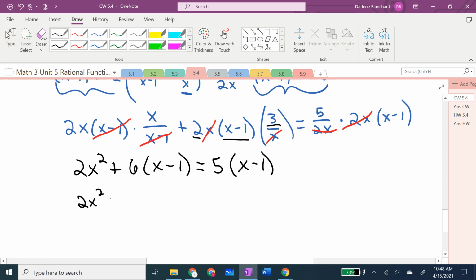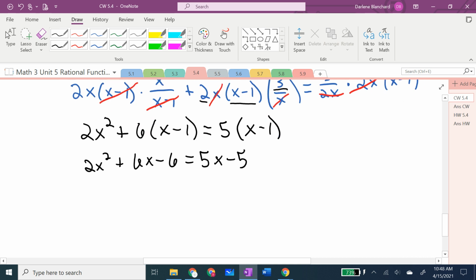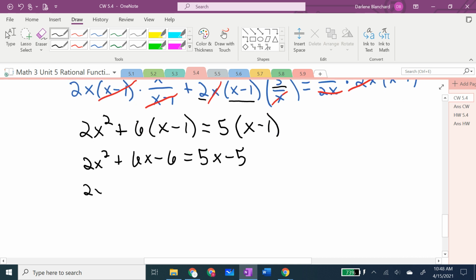Now I need to distribute the 6 over the parentheses. I need to distribute the 5 over the parentheses. It's now a polynomial. I need to make one side equal to 0. I'm going to subtract 5x, and I'm going to add 5, and then I'm going to factor. Right now I'm going to factor quickly because we are almost out of time.